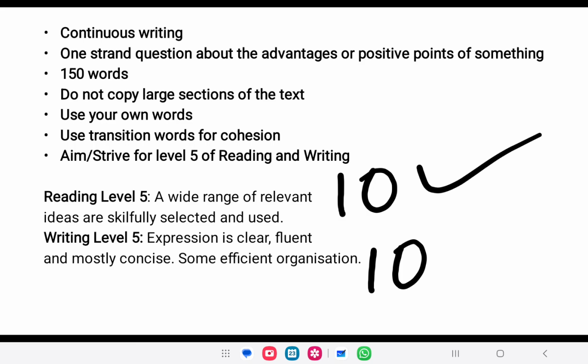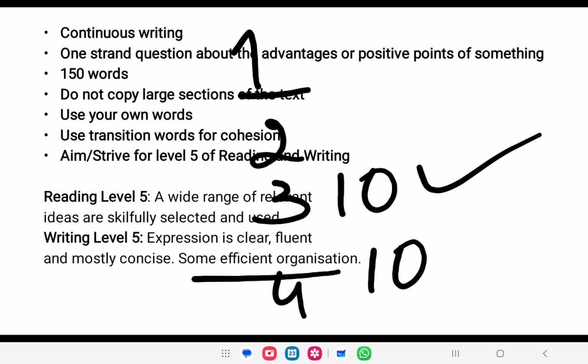Writing: expression is clear, fluent, and mostly concise, with some efficient organization. What is efficient organization? If you have chosen one point from paragraph 1, you have to go in chronological order. Chronological order means that if there are 2 points in paragraph number 1, then take something from paragraph number 2 if it is available, then paragraph number 3, then paragraph number 4.